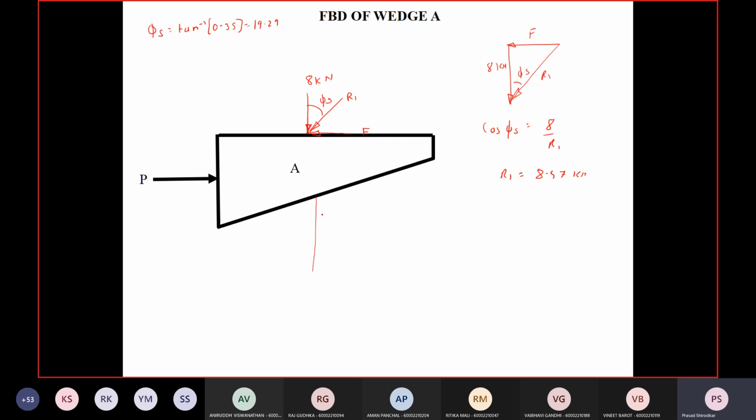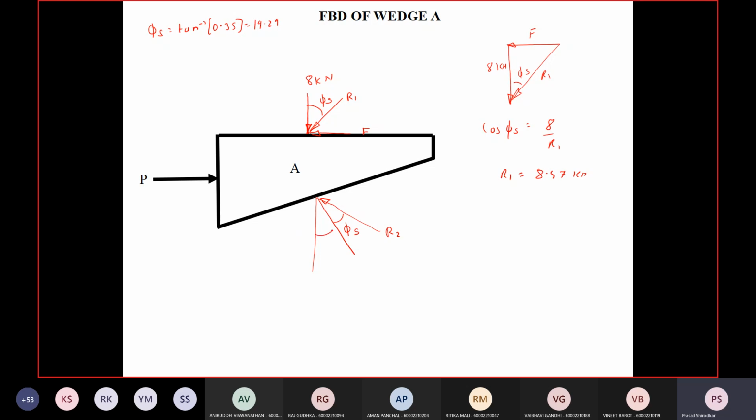Similarly, there will be a reaction over here also. Now I am directly replacing, so this is the normal to the inclined surface, and F2 and N2 I am directly replacing by R2. R2, and this is phi s.